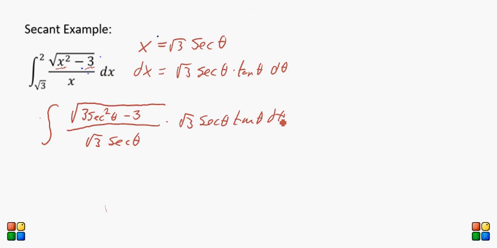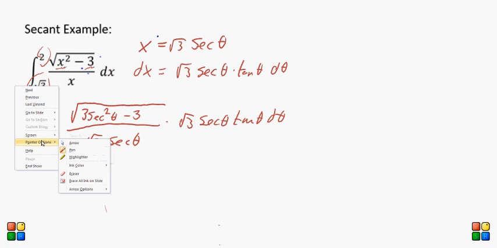But before we simplify, I'm not done substituting, because as always, just like with u substitutions, we have to remember to change the limits here. The variable x goes from square root of 3 on the bottom up to 2. We need to figure out the corresponding limits for theta. The way we go about this is the same idea as what we did for u substitutions.